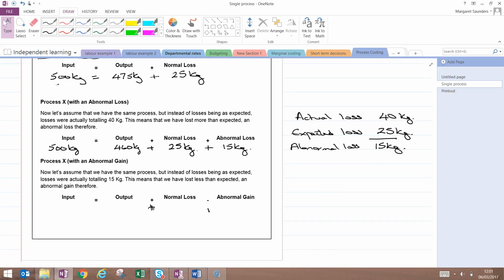So again, this is assuming the same process. So we're inputting 500 kilos. Make the first thing that you record on the right-hand side your normal loss. We know it's 5%, so we know it's 25 kilos. What we're told this time is that the actual loss is 15 kilos.